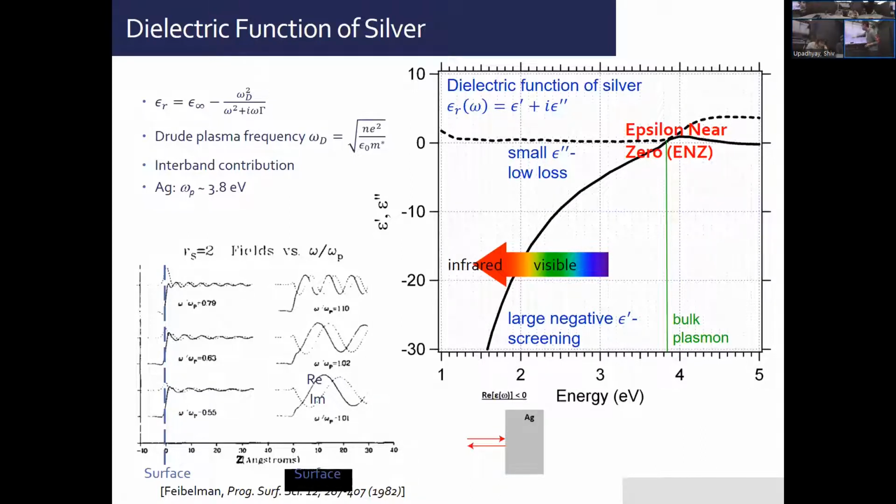Here this is the surface, and inside the surface the electric field strength is large. So in this case, the external field penetrates into the silver. To study the bulk plasmon response, we scan the photon energy across this epsilon near zero region.